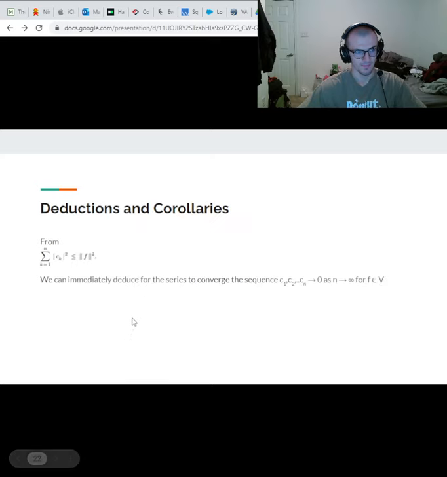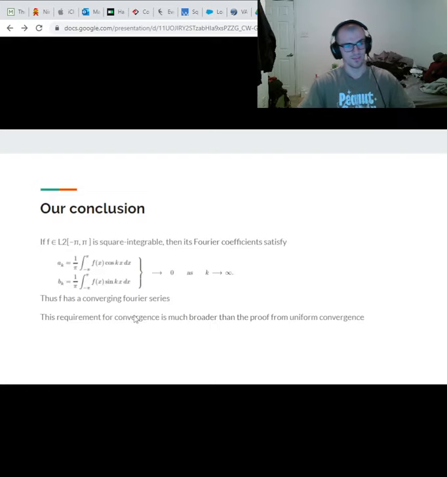is bounded. What we can deduce from this is that if the constants are bounded, then the sequence of the constants approaches zero as n approaches infinity for the f in V sub n, in that subspace that we talked about, such that if f is an element of L2, meaning if f is square integrable, then its Fourier coefficients a sub k and b sub k approach zero, such that our f will converge in our Fourier series.